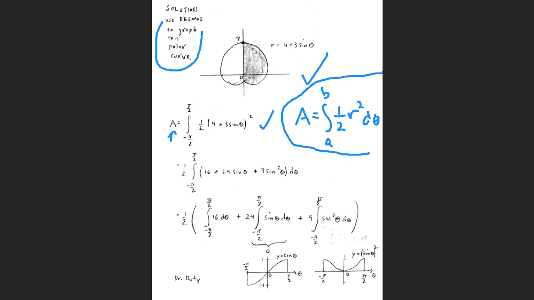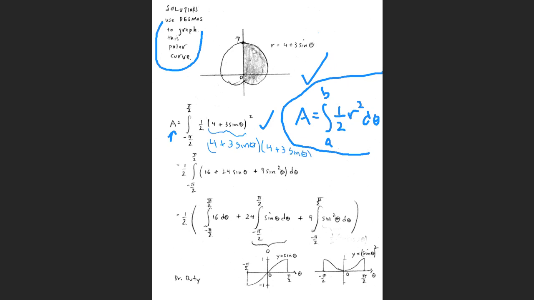Okay. So now we just proceed forward and work this out. So 4 plus 3 times the sine of theta is 4 plus 3 sine of theta times 4 plus 3 sine of theta.